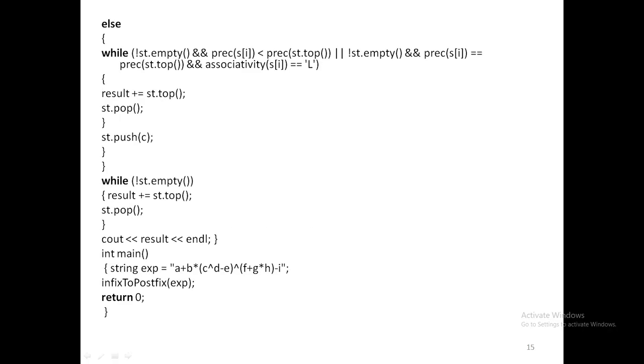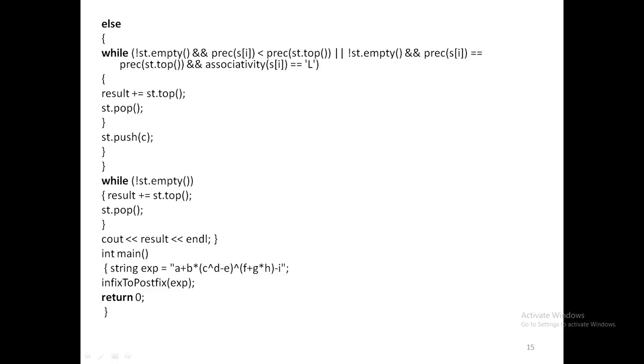And then if the stack is not empty and the precedence is lesser than the precedence of the operator present in the stack, and it is also left associative, we just need to pop the elements. Otherwise, after the popping of elements, we need to push, because until the precedence of the operator on the stack is lower than the operator to be pushed, we need to pop the elements from the stack.